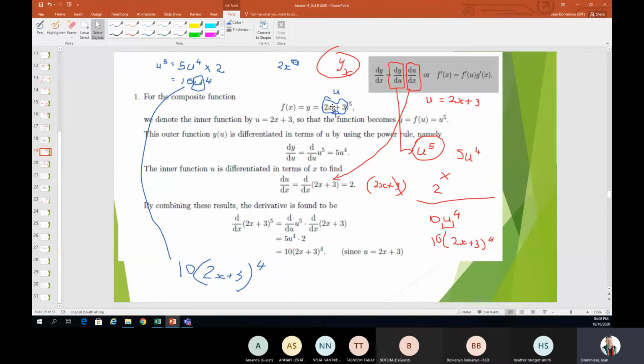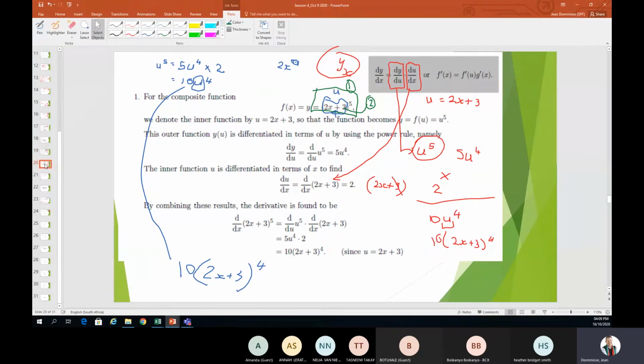Step 1, you differentiate that whole term. Step 2, you differentiate the thing that was in the brackets, and you multiply the two together. Okay, so that's the one rule.